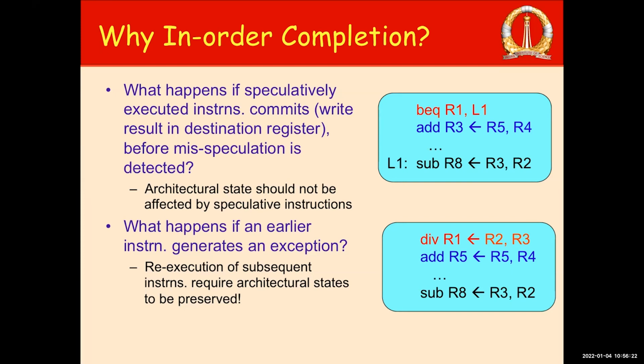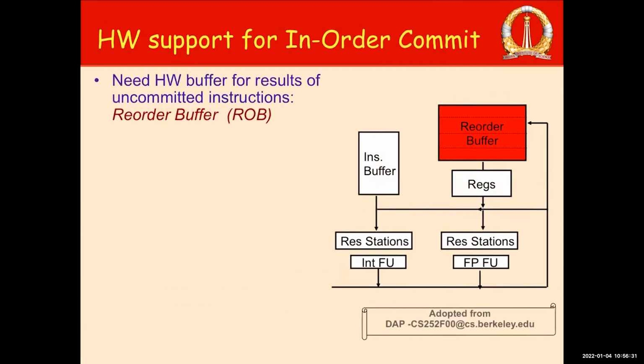Any other questions? Could you clarify what exactly the reorder buffer contains, what kind of information it holds? You can just think of the reorder buffer as follows. The simplest thing is to say which register, meaning the destination register in which the value has to go, what is the instruction which has produced this value, and what is the value.